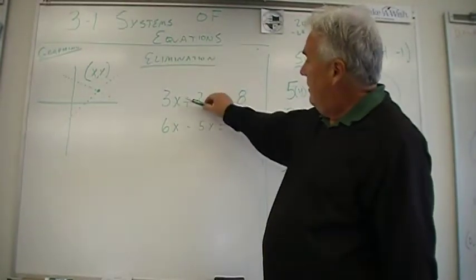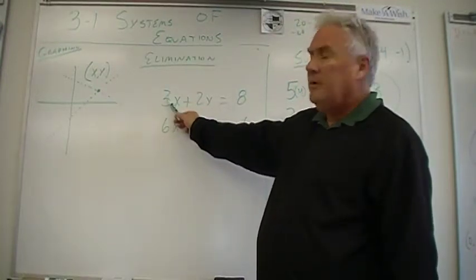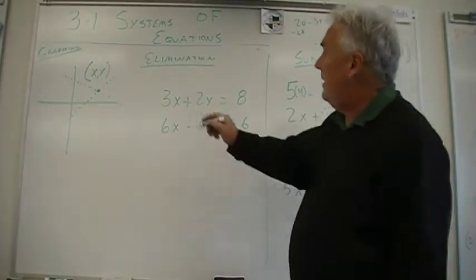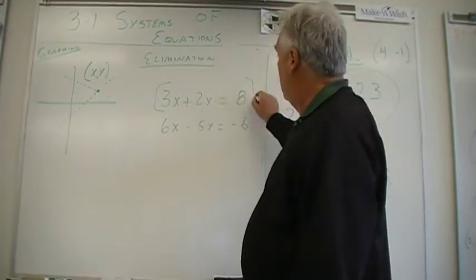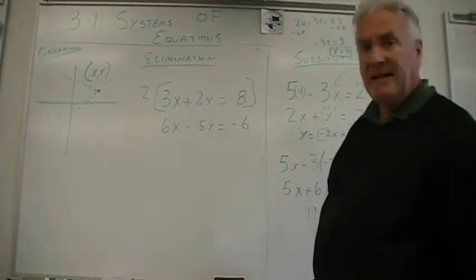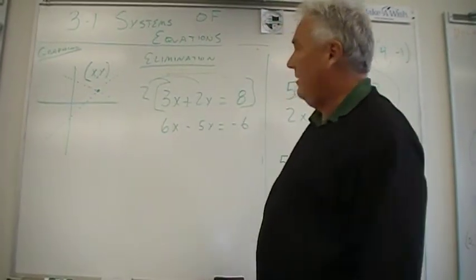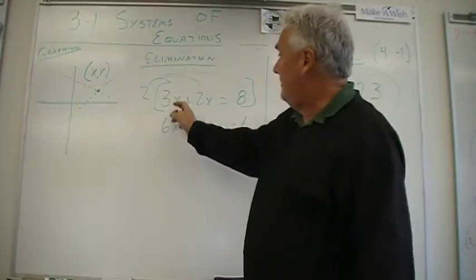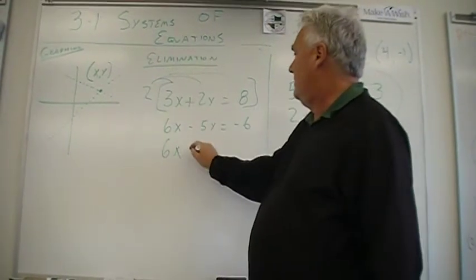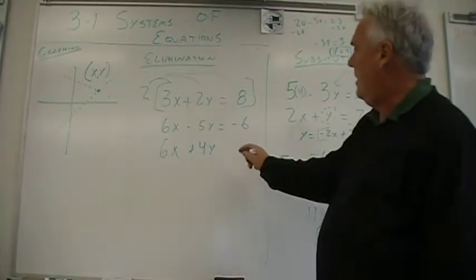And you can see that this is a 3 and this is a 6. If I multiply 3 by 2, I'm going to have a 6. So what I do is multiply everything by 2. And that's math legal to do. Multiply everything by 2. 2 times 3x is 6x. 2 times 2y is 4y.